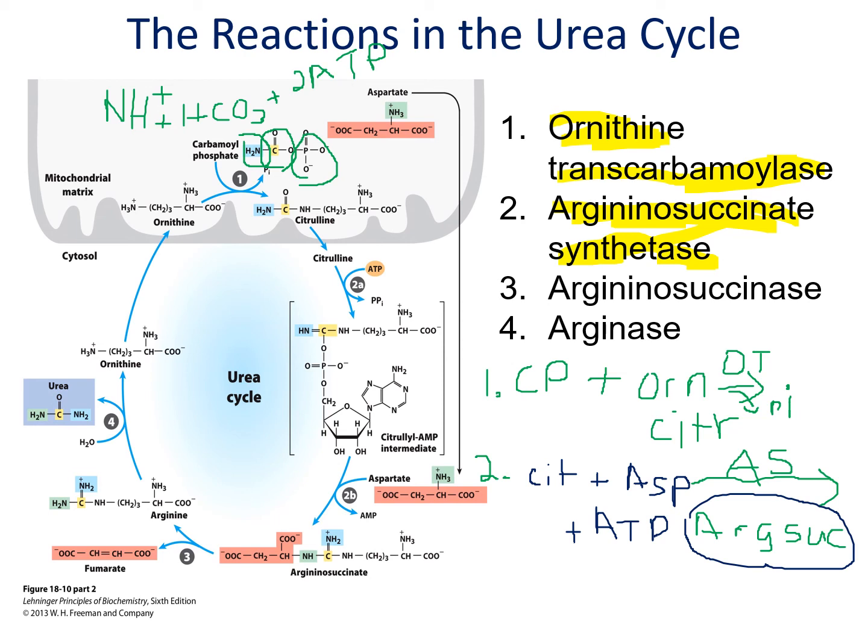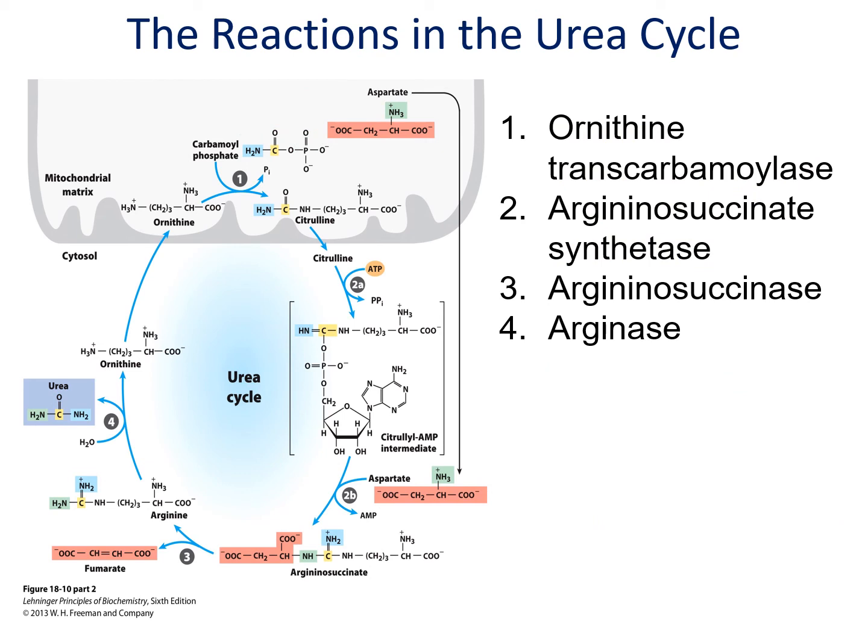Okay, so then our third step, hopefully I can get it all on here. Our third step is going to utilize an arginosuccinase. So let's go to reaction number 3. We're going to utilize the enzyme arginosuccinase. Okay, so we're starting with our arginosuccinate, just going to call it AGS.